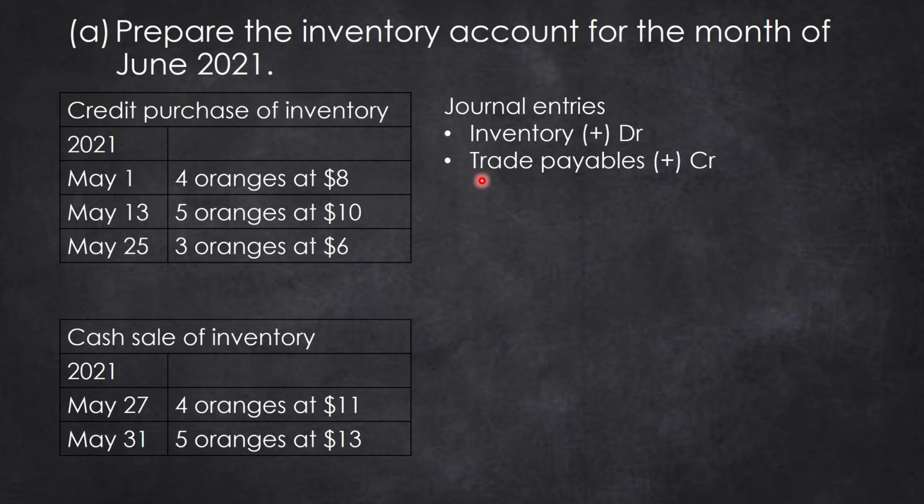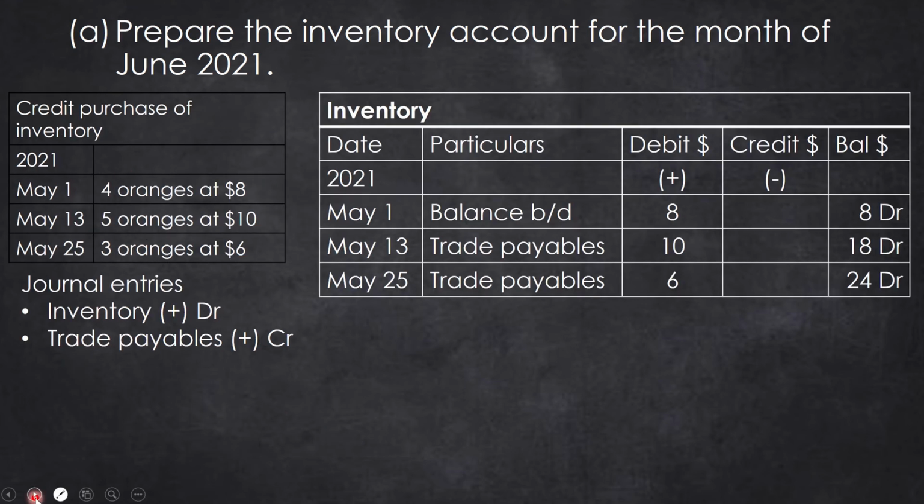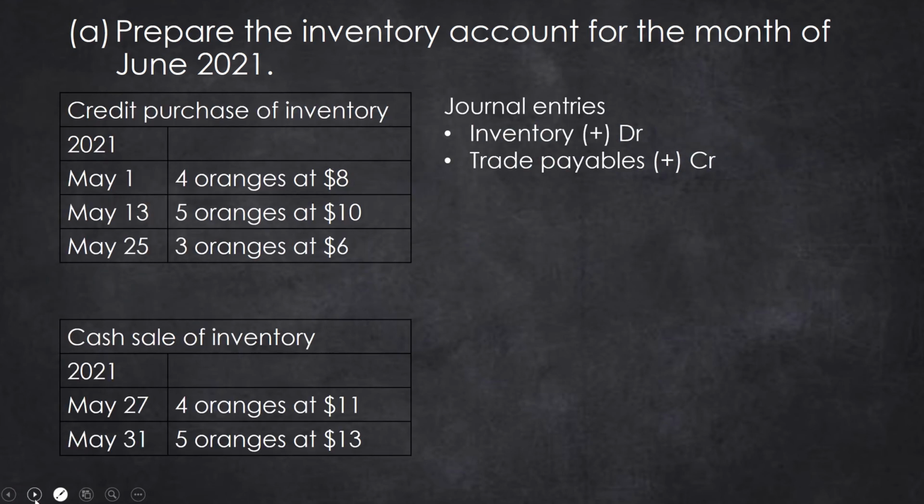I owe somebody money. So trade payables credit, or trade payables increase. When I sell inventory and I receive cash, these are the double entries. Now I do have to remember that there are 2 transactions when I sell my inventory, and we will talk about that later.